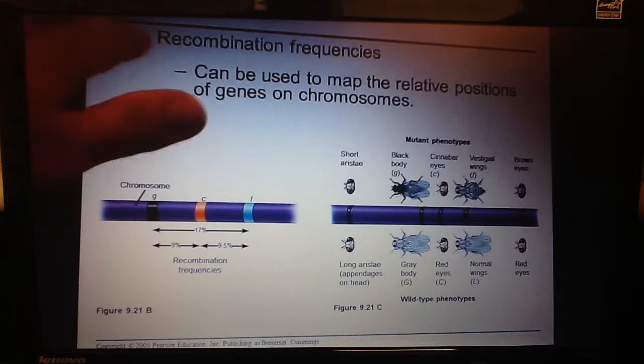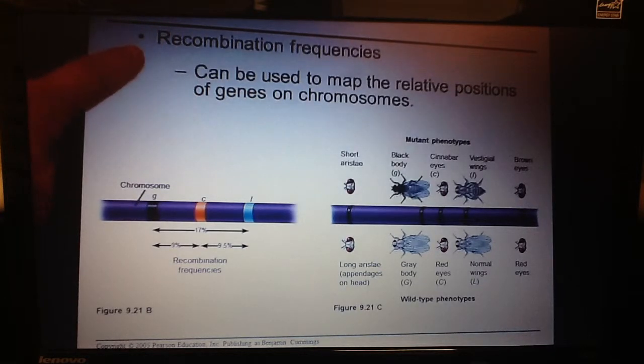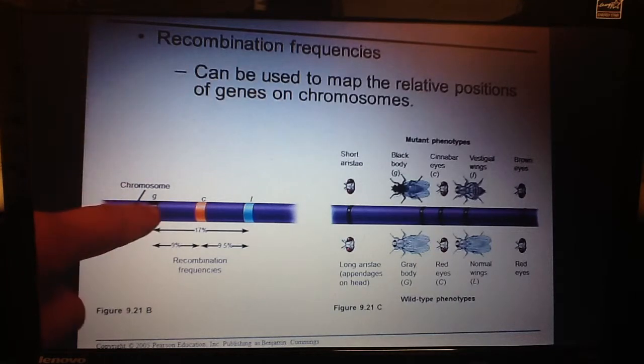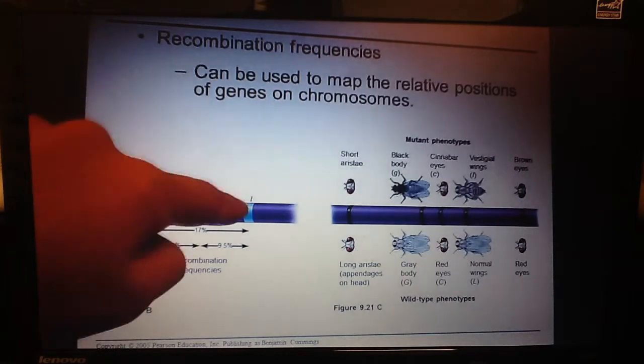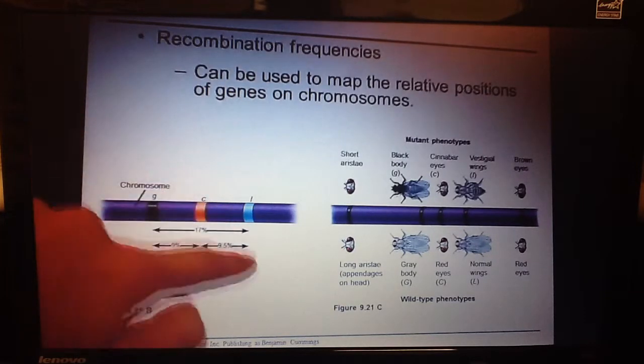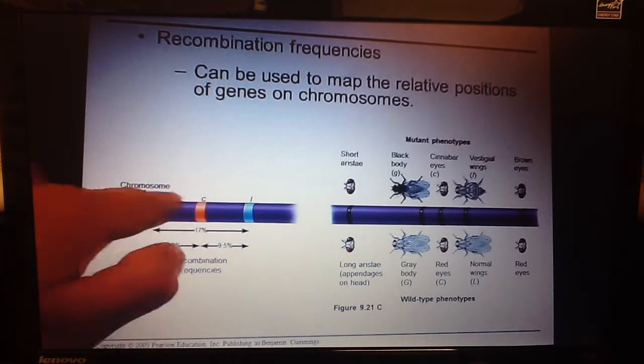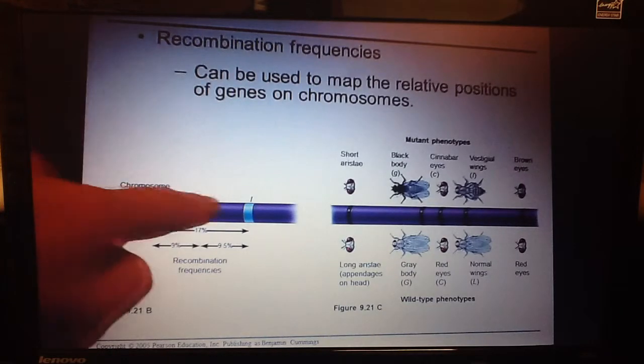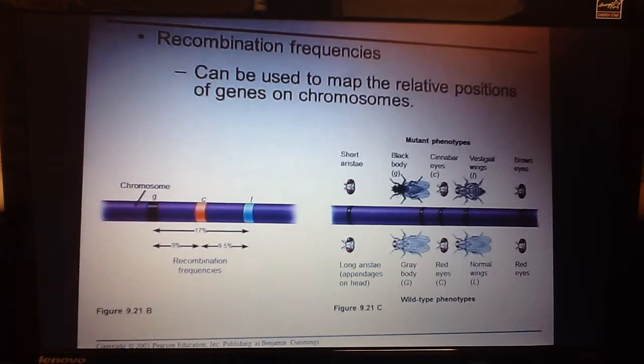The more often traits are recombining, the further apart they must be. So the idea that the lowercase g and the lowercase l would be recombined, or have crossing over occur between them, is a direct reflection of how far apart they are. So the further apart you are, the more likely crossing over is to occur.